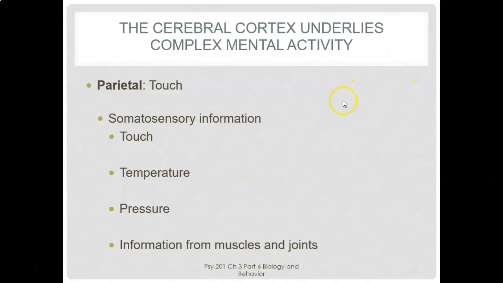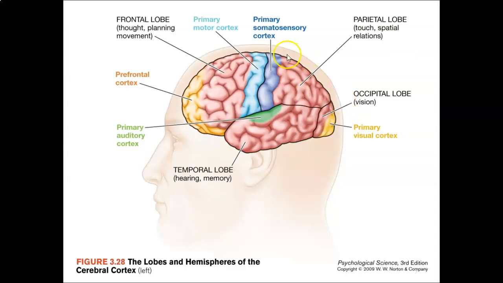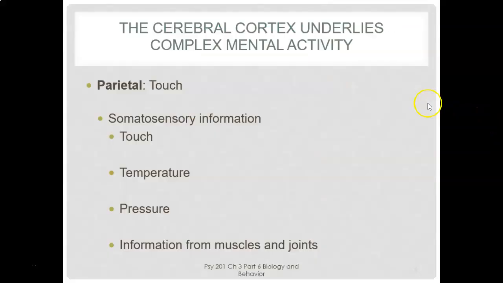Let's look at the parietal lobe. The parietal lobe is this area right here. The parietal lobe is responsible for sensation. It is especially critical to your understanding of touch, to the sensory information you get through your skin.